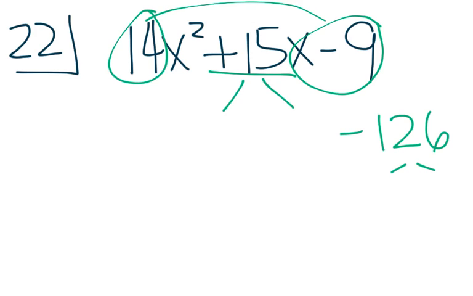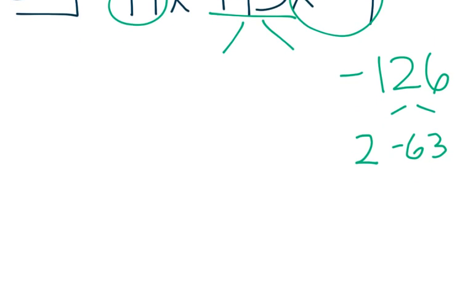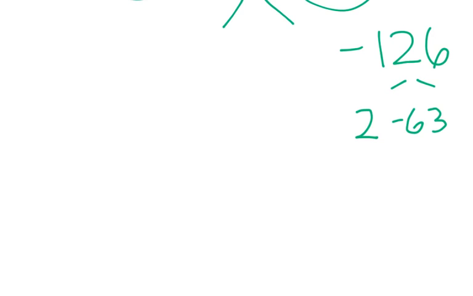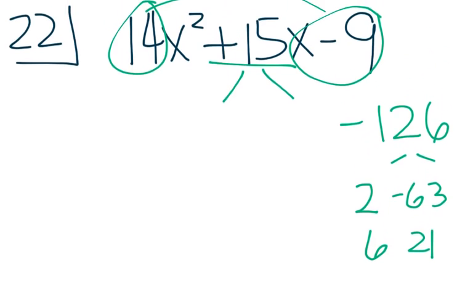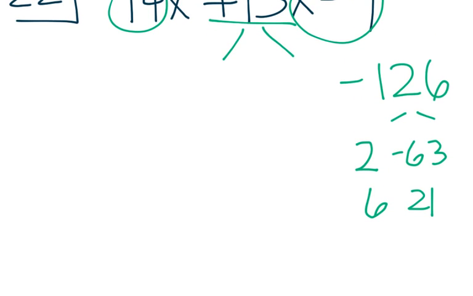So 126, we can divide it by 2 and get, let's see, 63. That's way too big, so it's not going to be that. We have 6 and 21. So 6 minus 21 is 15.